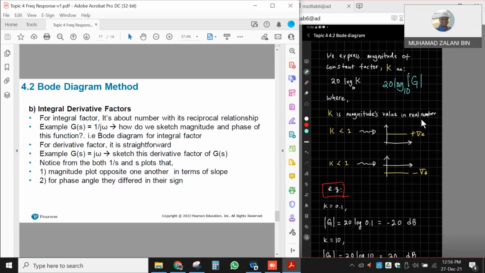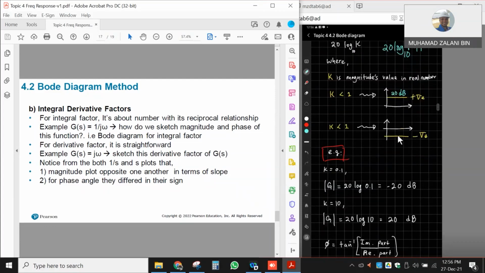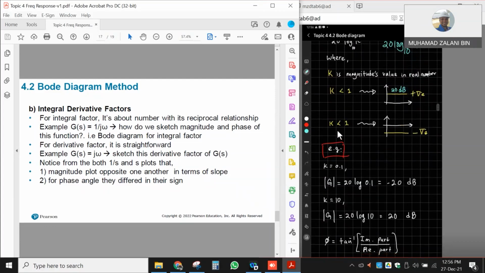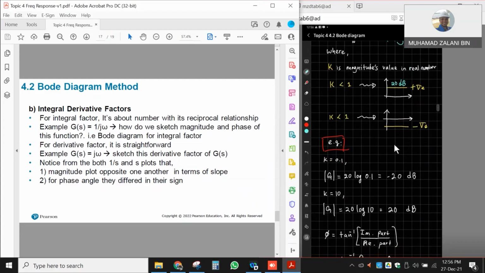For example, if k is larger than 1, then we can estimate the magnitude plot to be positive, say 20 decibel. Another case is when k is smaller than 1; we should expect the magnitude plot to be negative.